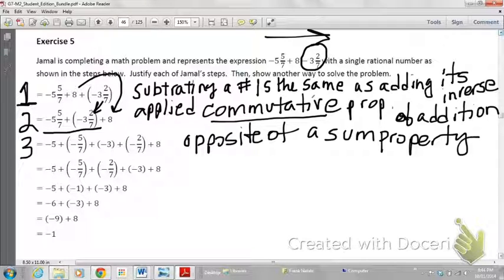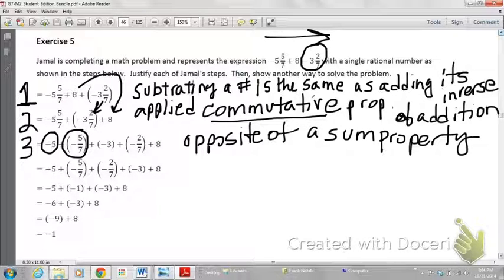All right, and you can see what he's done is he's just taken these mixed numbers right here and taken them apart, and made them into the sum of two rational numbers. So the negative 5 5/7 becomes separated, and it becomes negative 5 plus another negative 5/7.